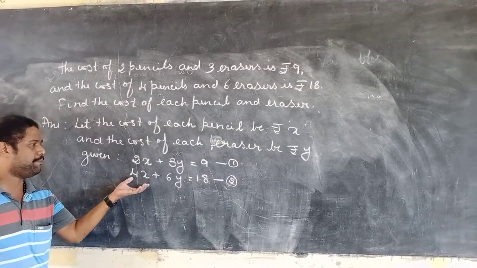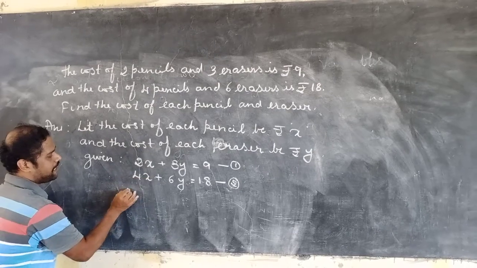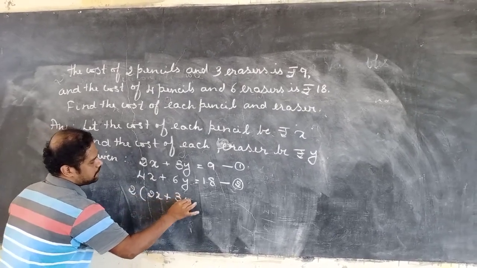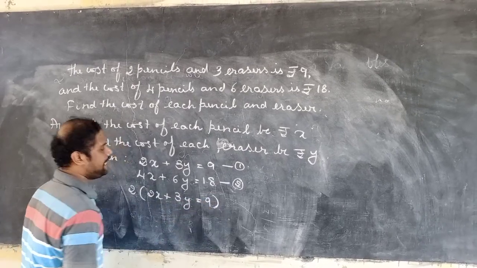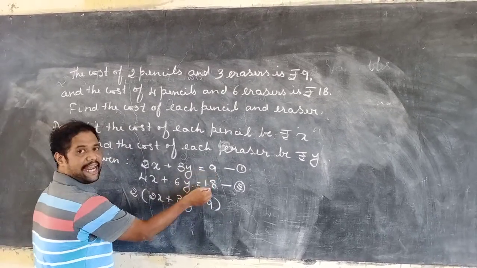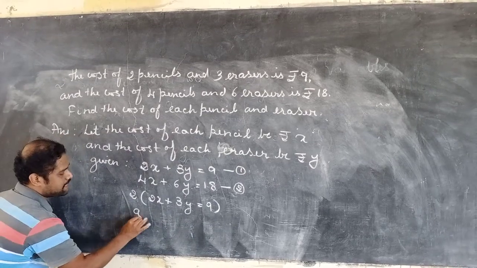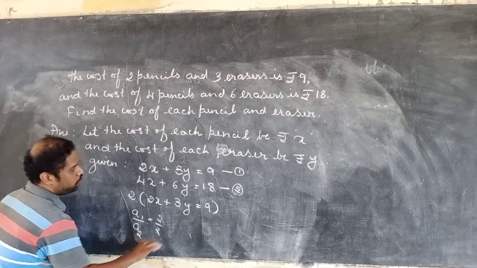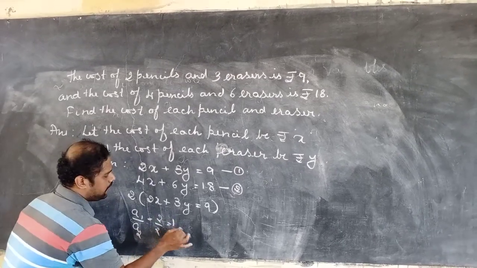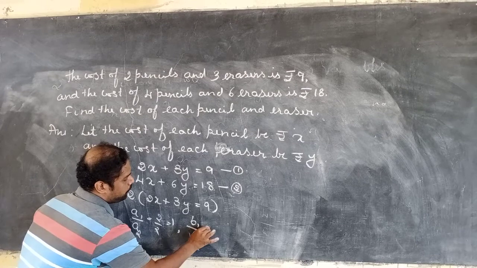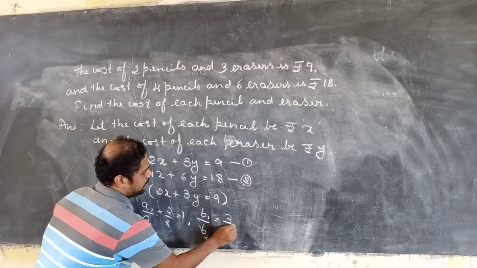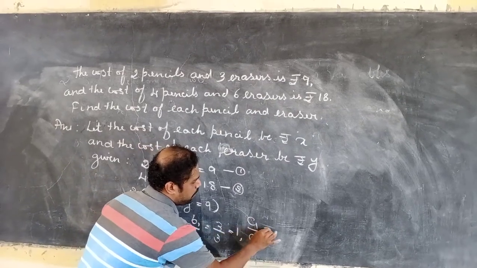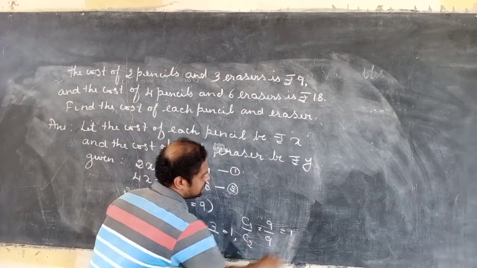Now see, while we simplify this, when we take the common terms out, we have 2x plus 3y is equal to 9. That is, equations 1 and 2 are the same. While comparing the ratios, a1 by a2 is equal to 2 by 2, that is 1, and b1 by b2 is equal to 3 by 3, that is also 1, and c1 by c2 is equal to 9 by 9, that is 1.